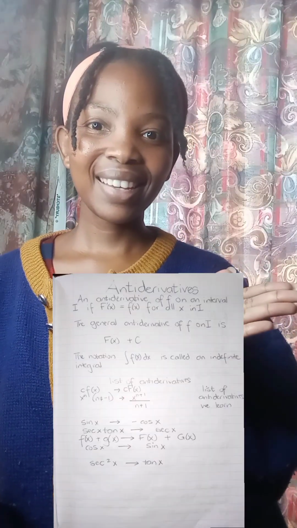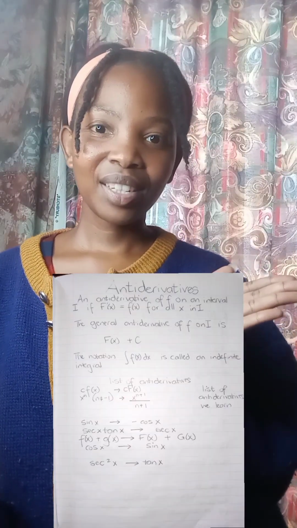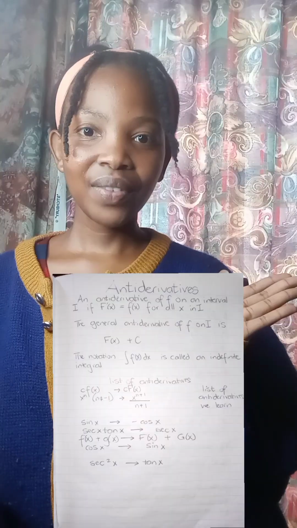So the definition is: an antiderivative of f on an interval I is F if F prime of x is equal to f of x for all x in I. I'm sharing it on the side. You can see it here. So this is the definition of an antiderivative.